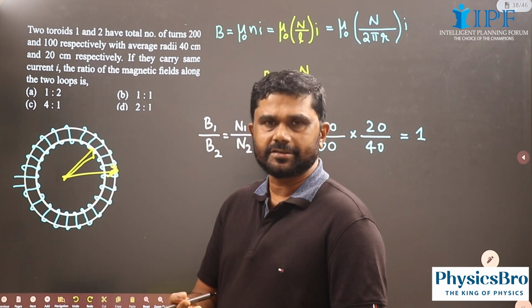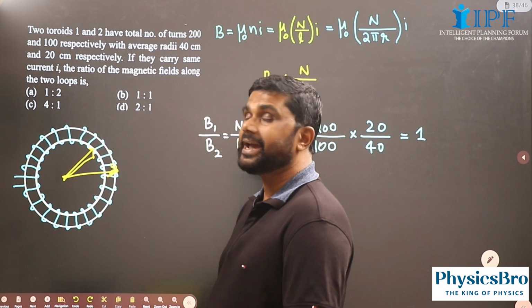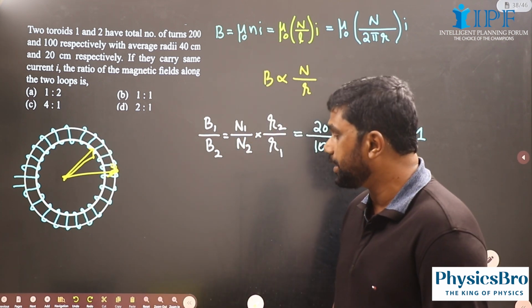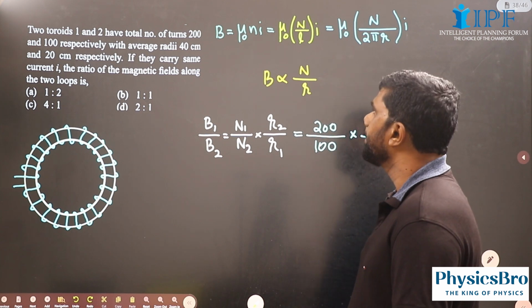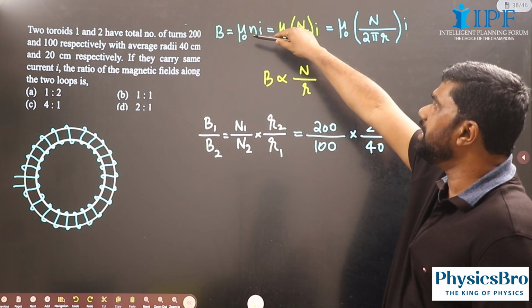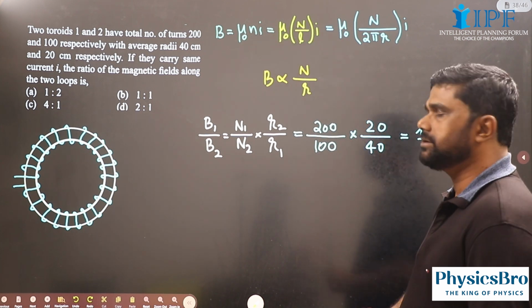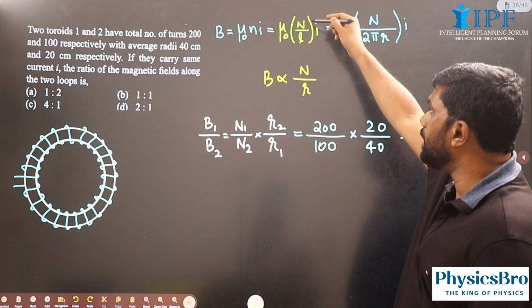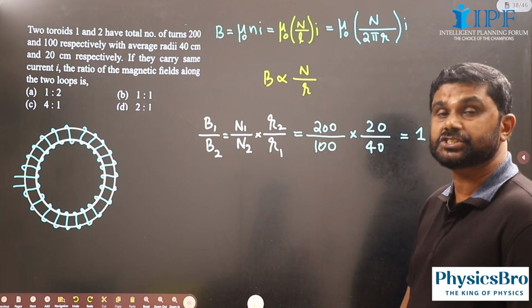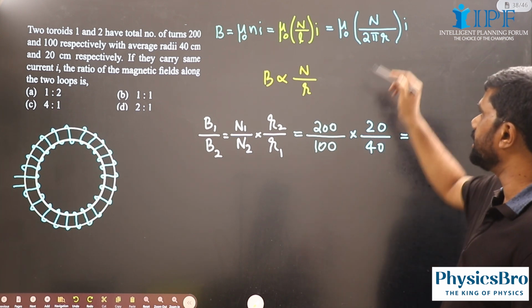Radius is not constant. Okay, or see, it may have inner radius and outer radius for a toroid. That is why the average radius is given. Now magnetic field is mu 0 n I, where small n is the number of turns per unit length, that is total number of turns divided by length, that is equal to 2 pi into average radius.